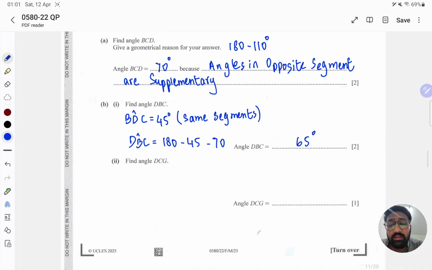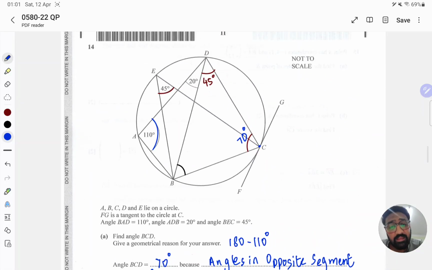Find angle DCG, D, C and G. This is D, this is C and this is G. So we need to find out this angle that I have marked with black, DCG. So there is a property that if there is an angle between a chord and a tangent, it is equal to the angle made by the same chord in the opposite segment.